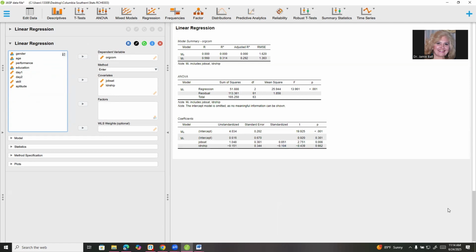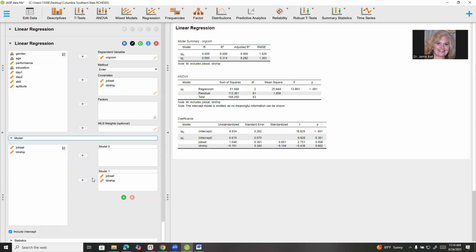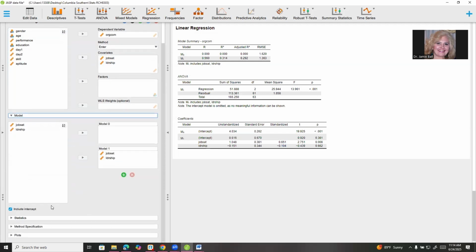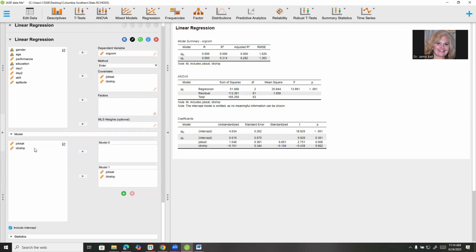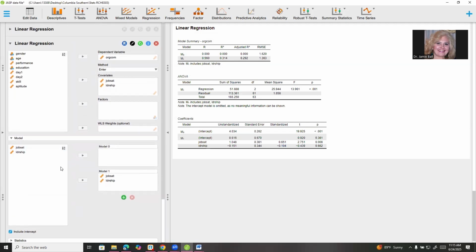Now, for a multiple regression, it does not matter what order the independent variables are in, but there are times it does. And when it does, we change our entry method or our models, like model specification. I know there's a place to add it.